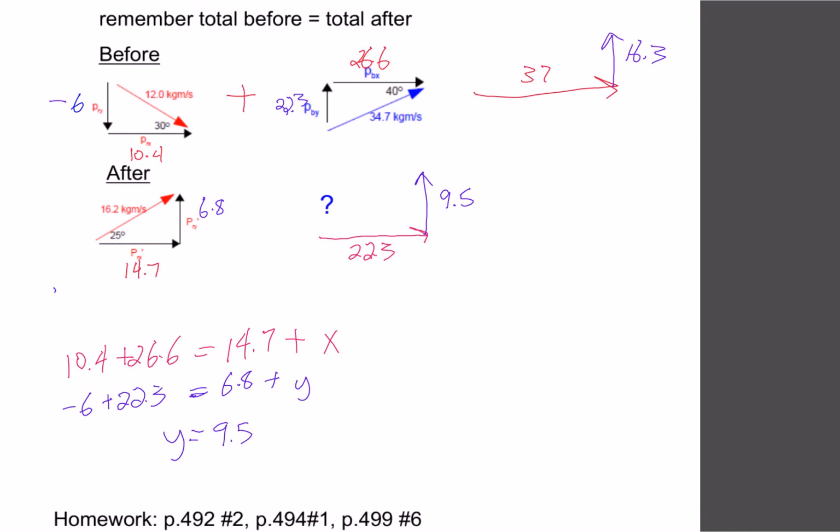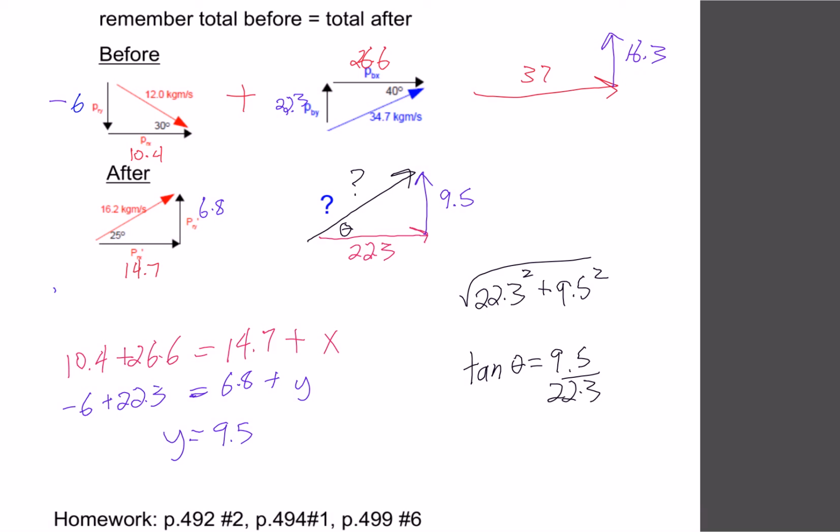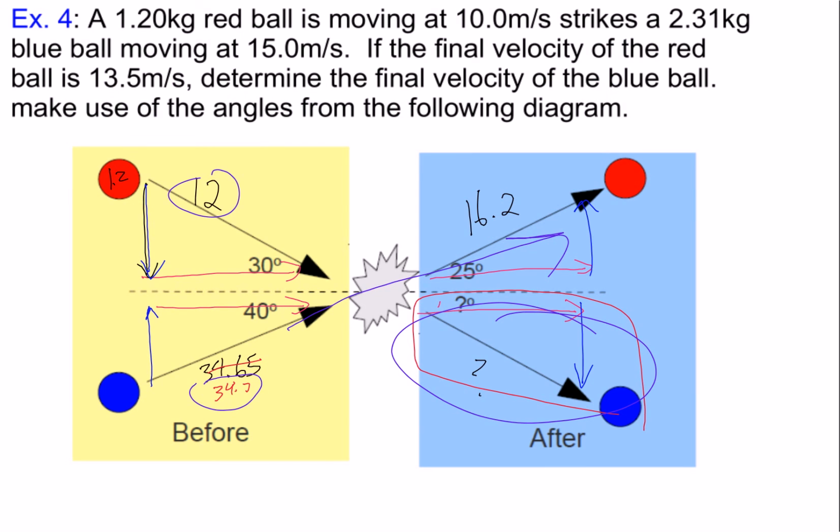Now our final step, just like the previous example, we've got our final vectors. We just need to figure out what the side is and what the angle is. Once again, we can just use trig and the Pythagorean theorem, and we'll find the angle as well. So we get 24.2 at 23 degrees. Just like our last question, if we go back to the original question, it was asking what is the velocity, not momentum.